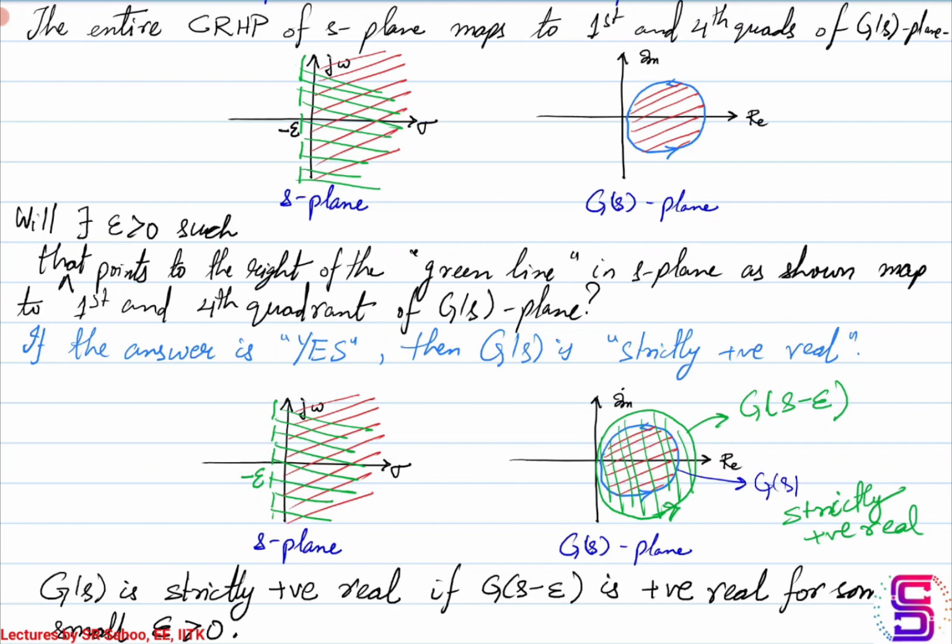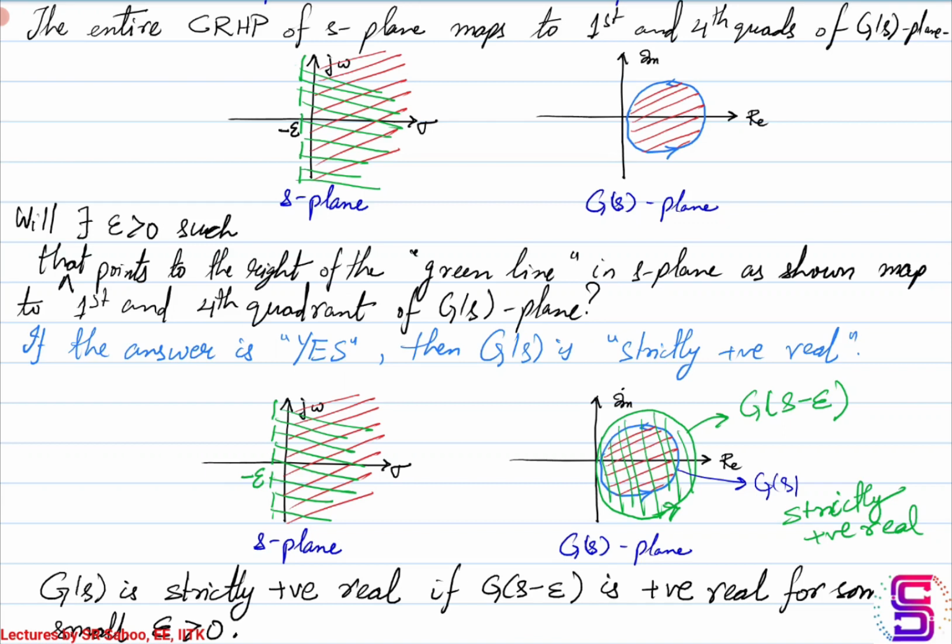Yes, we can find such an epsilon so that all points to the right of minus epsilon will always map to the first and fourth quadrant of the G(s) plane. Then we call this G(s) a strictly positive real transfer function. So if the answer is yes to the question we asked, then G(s) is said to be strictly positive real.